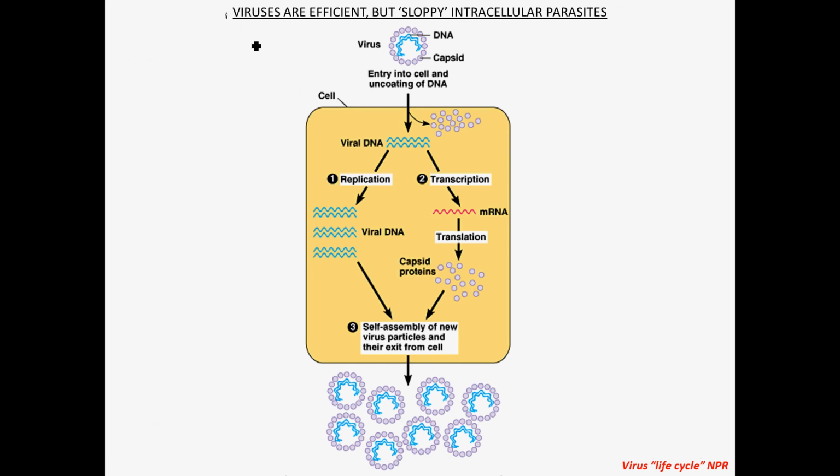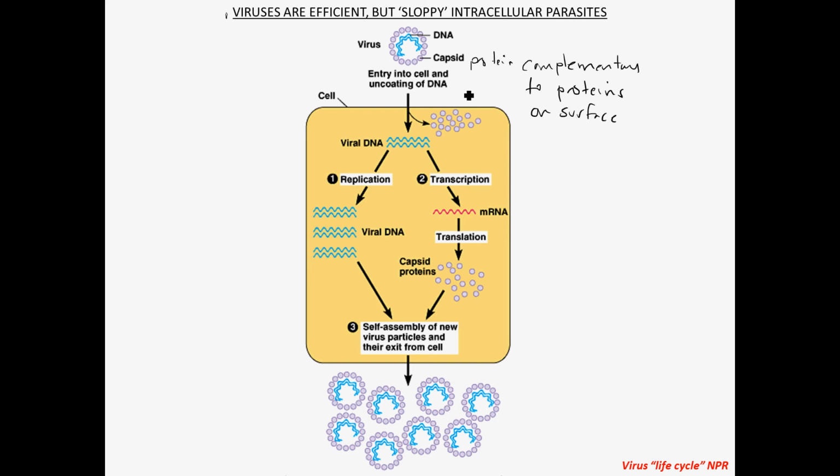Okay, so let's take a look at what happens when a virus infects cells. Viruses are efficient, but they're sloppy intracellular parasites. Right? So here is the protein coat, or the protein capsid, right? And that protein is going to be typically complementary to proteins on the surface of the host cell.